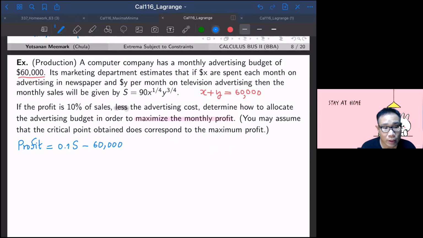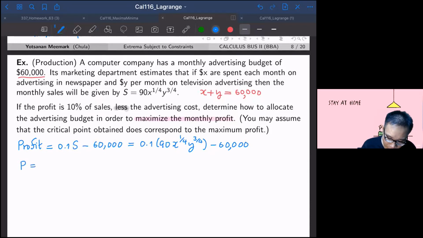In this case it's going to be 0.1 times 90 x to the 1/4 y to the 3/4, and you're going to subtract 60,000. So the profit turned out to be 9x to the 1/4 y to the 3/4 minus 60,000.